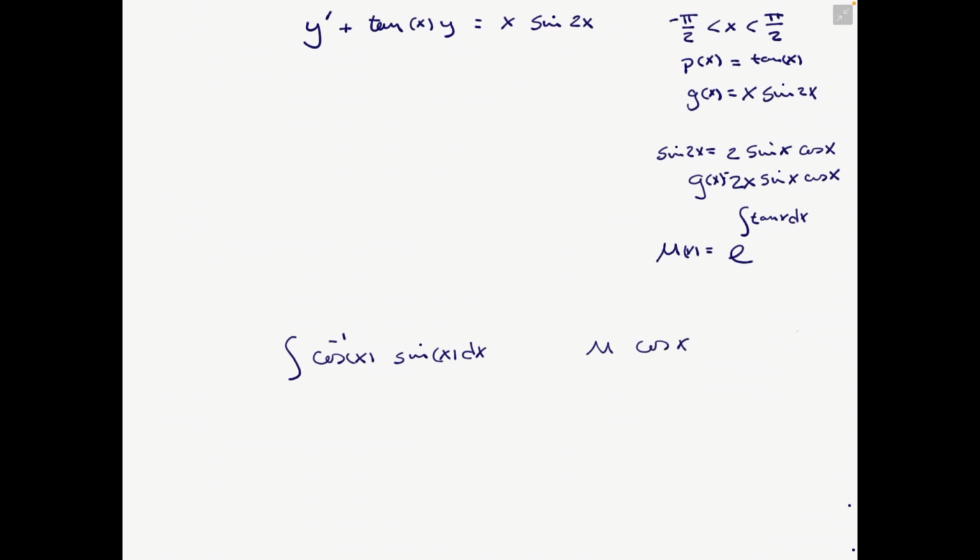Let's say u was cos x, du would be equal to minus sine x dx. So we have u to the -1 times minus du, and that is equal to minus ln of u.